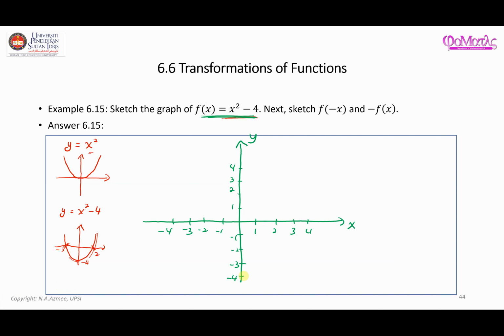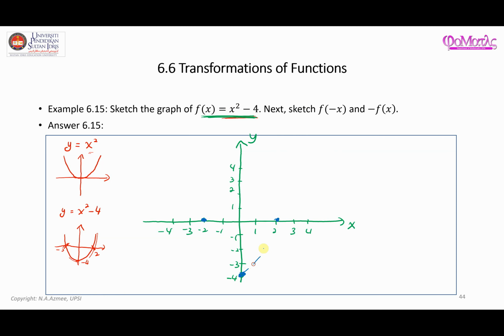The minimum point here is at negative 4. I'm just going to change it to blue color, and then it goes up, smiley face, because this is positive x squared, with negative 2 over here.